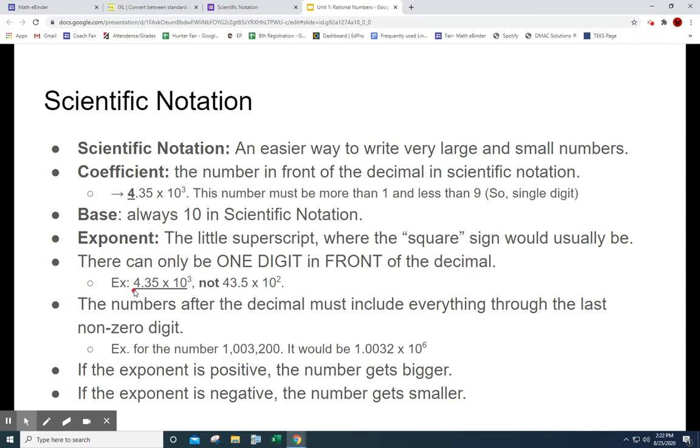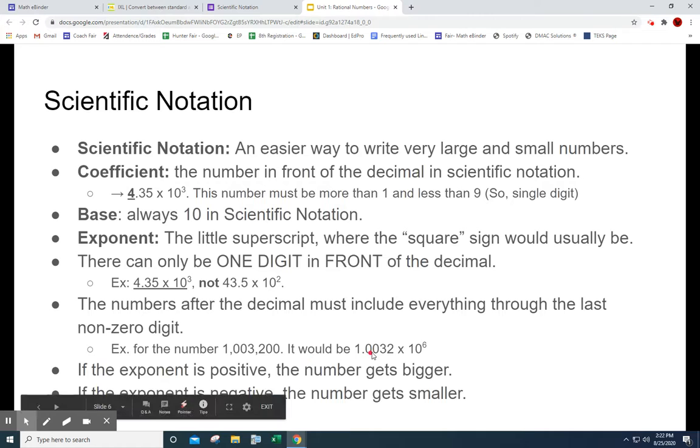The number after the decimal must include everything through the last non-zero digit. So on this example, we could get rid of these two zeros at the end, but those two zeros in the middle right there have to stay because those are placeholders. We don't want it to become 1,320,000 if we move that 3 and that 2 over. We want it to stay 1,003,200.